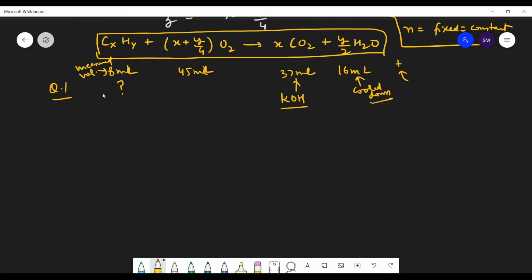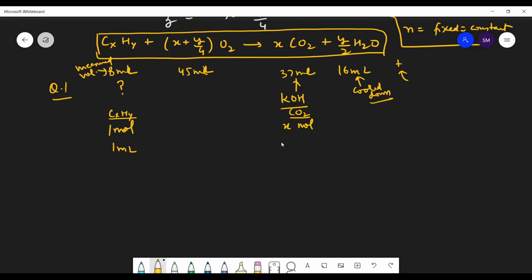See, hydrocarbon was 8 ml. So understand this. 1 mole of CXHY will produce X moles of carbon dioxide.